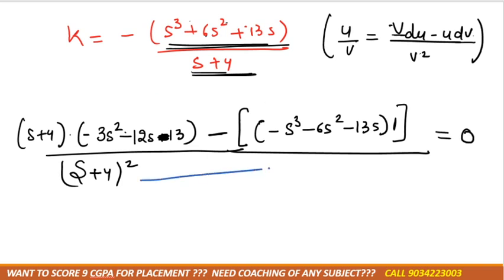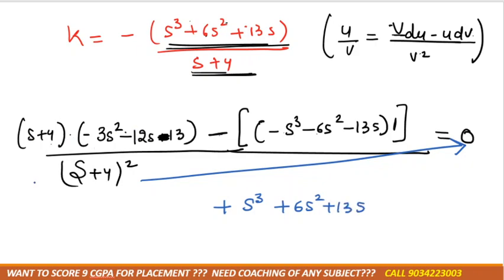Now if we solve it, this term goes to the right hand side, that would be equal to 0 multiplied by 0. Now we need to solve this equation further. Minus minus would be plus, so it would be plus s cube plus 6s square plus 13s, right?